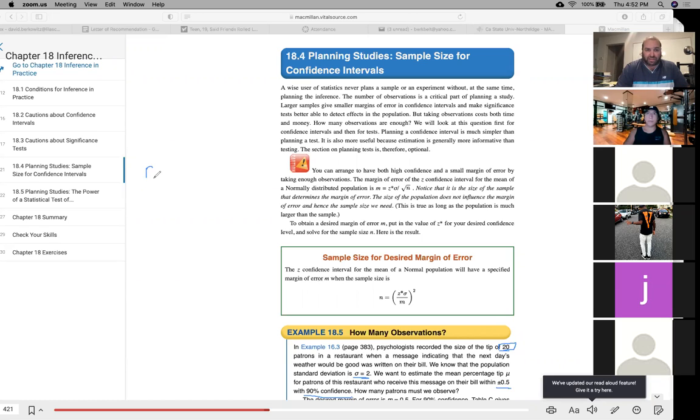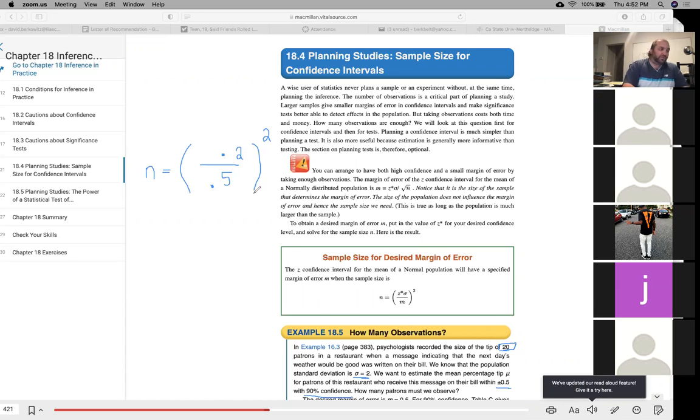The sample size needed, n, is equal to this formula right here. The margin of error goes in the bottom. So the margin of error is 0.5. And sigma is on top. Sigma is 2. And we need Z star. What's Z star for a 90% confidence interval? 1.645.